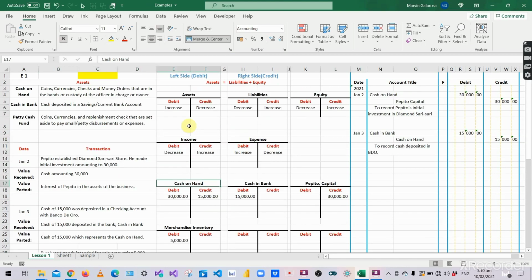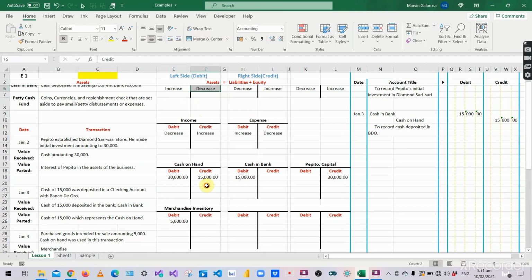Since si cash on hand ay isang asset, and ang decrease sa kanya ay the credit side. So, lagay natin yung 5,000 on the credit side. So, meron na tayong debit and credit. Lagay na natin yung journal entry.